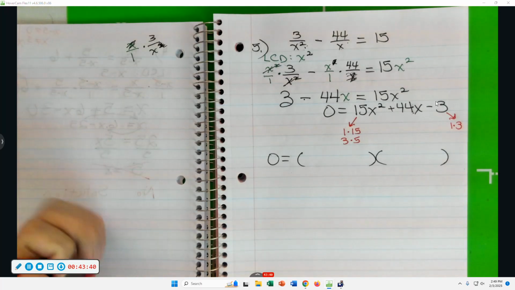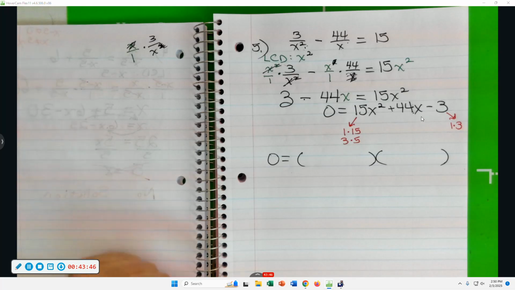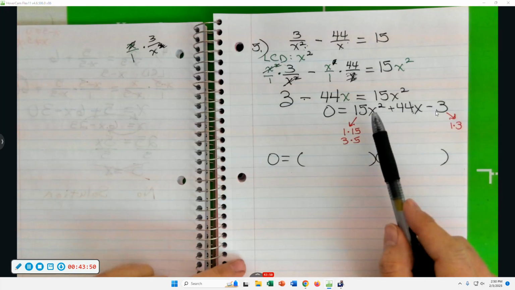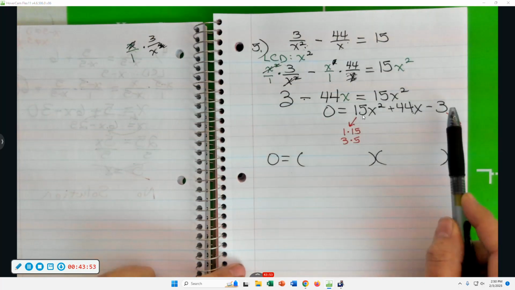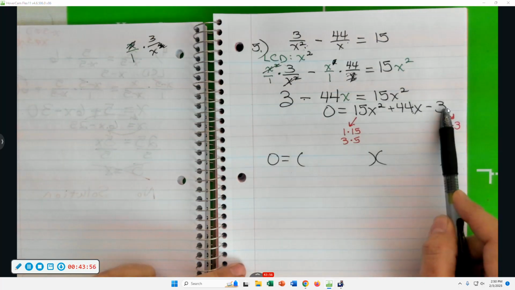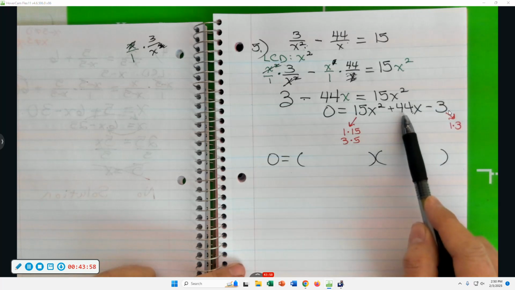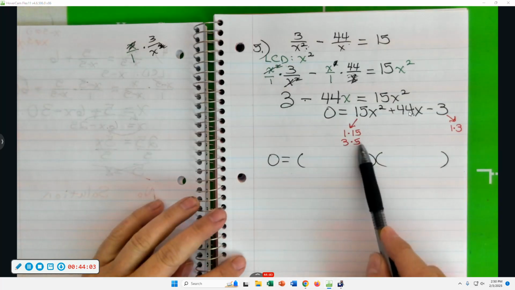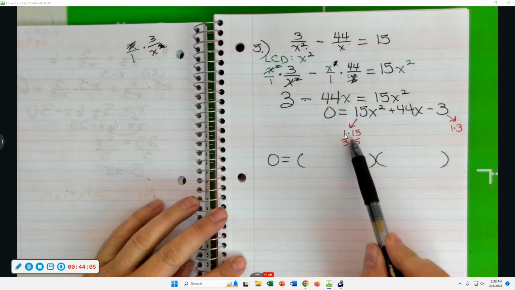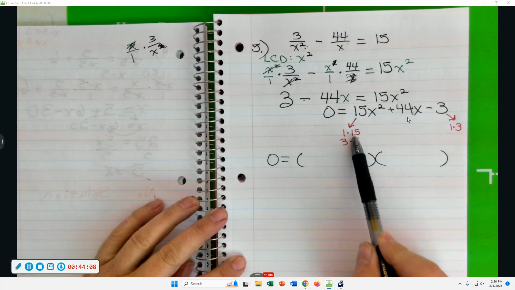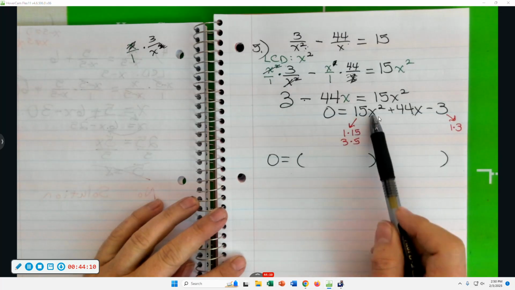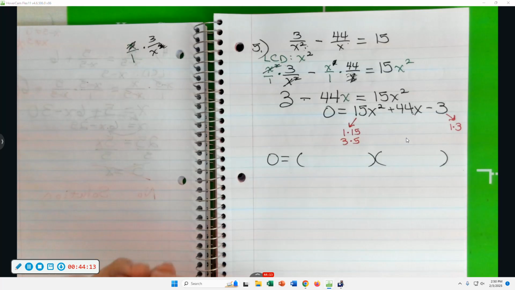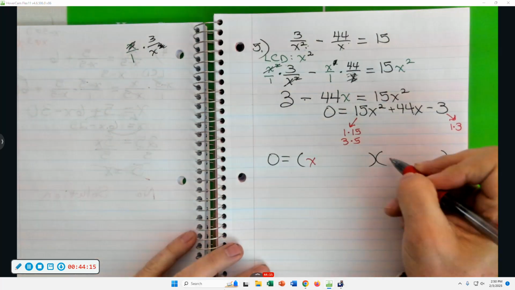I have this little trick that works a lot of times. If you multiply that first number by the last number, 15 times 3 is 45. If that number in the middle is either 1 more or 1 less, then don't try the 3 and 5. Try the pair that includes the 1. And I think that's what we're going to need. We'll use a 1x and a 15x.